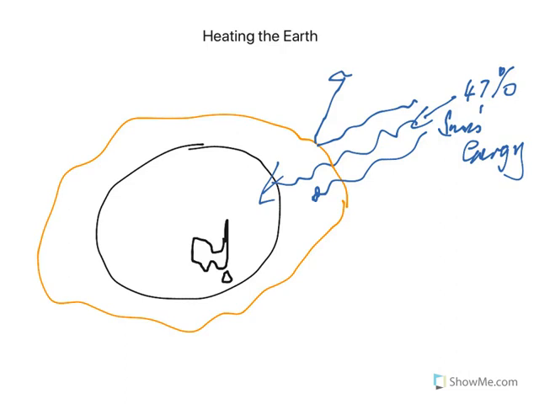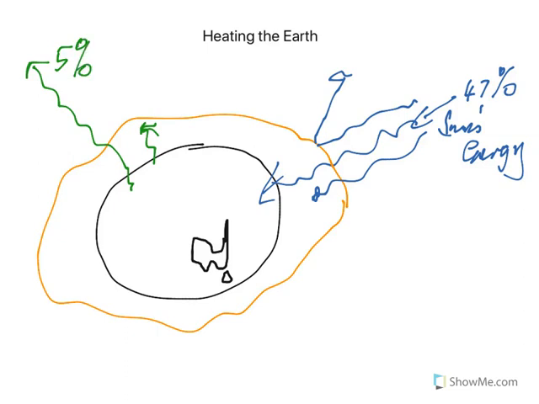Now, if we're heating up, then we're going to emit. So some of it gets all the way out, and some of it just gets into the atmosphere. Of what the Earth itself emits, about 5% makes it out.